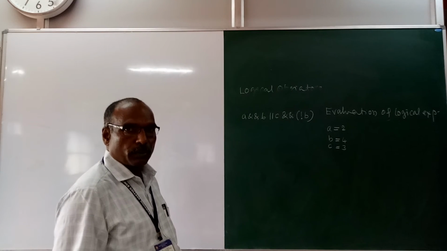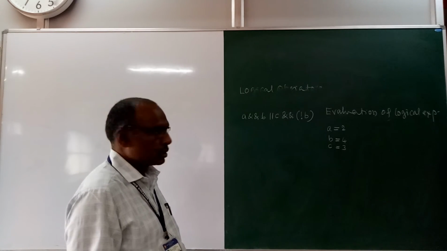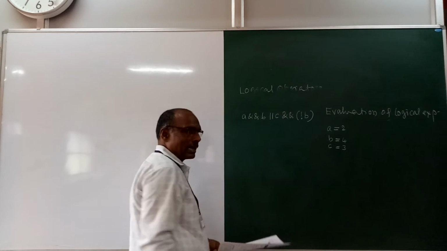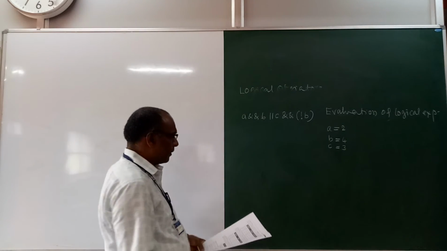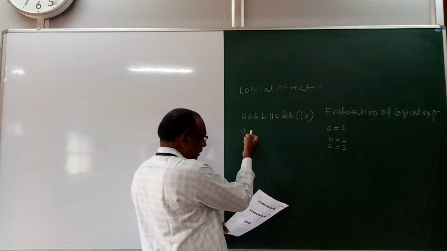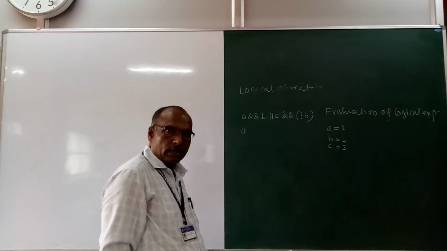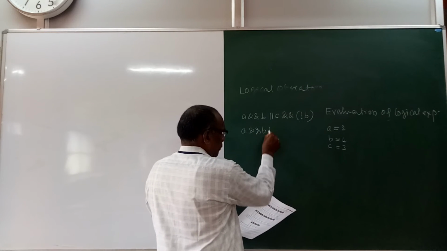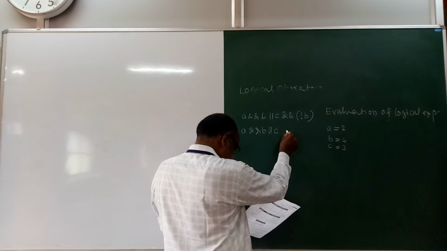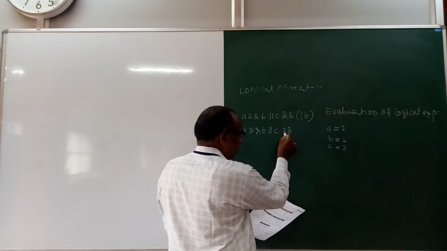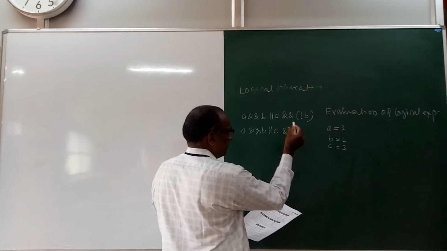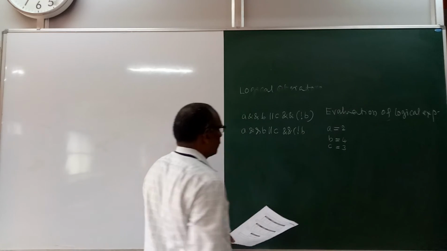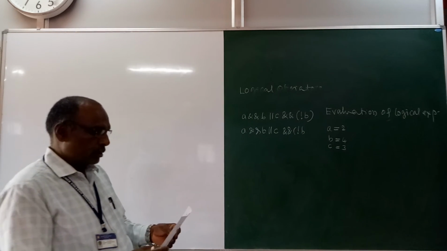When we use arithmetic operators, we call it an arithmetic expression. Here we are writing a logical expression using C language. They may give this as a multiple choice: A and B or C and, that is ANDing, and this is ORing. So it is the same as the upper one. Let us evaluate this.